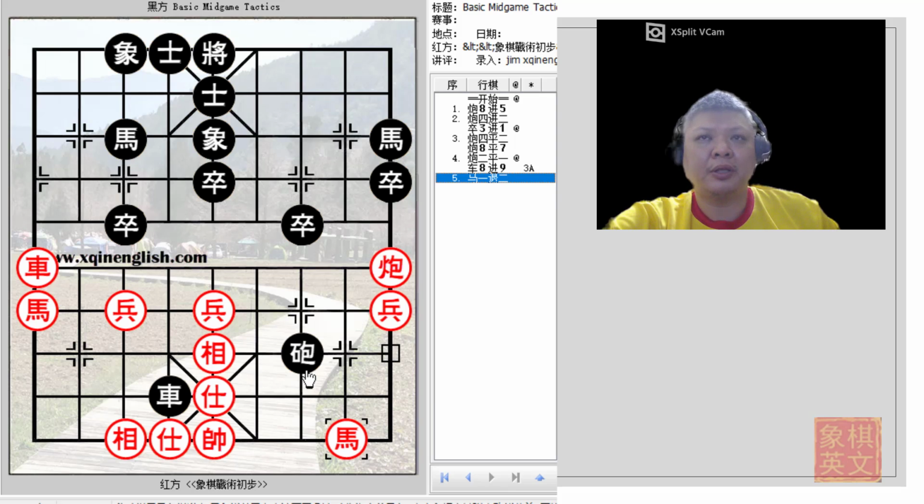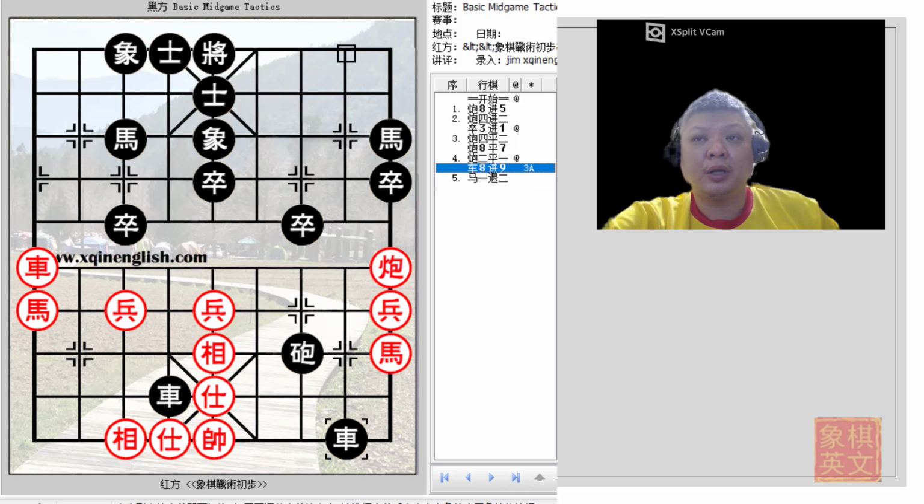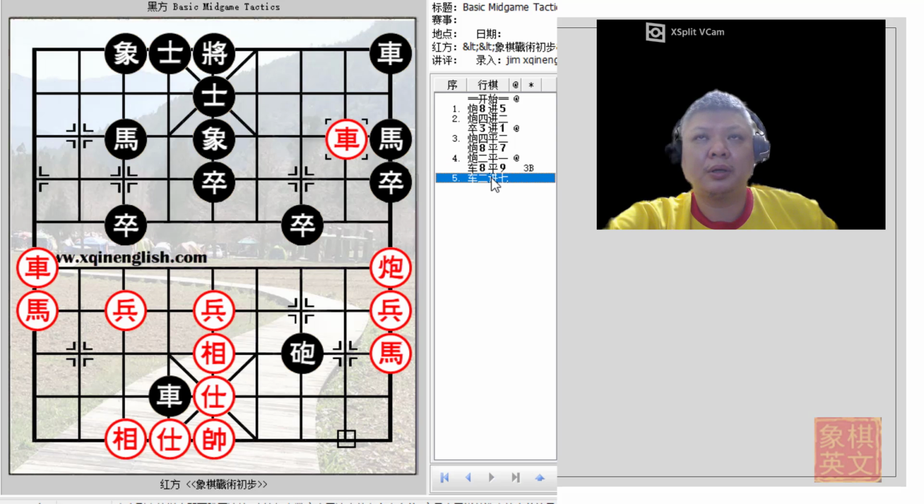So this would be a double attack, and black would be bound to lose material, and if black lost material, it would probably also mean that black would lose the game. Now if black tried to protect the horse in this manner, red would simply advance his chariot r2 plus 7 and still threaten to capture the horse by force.